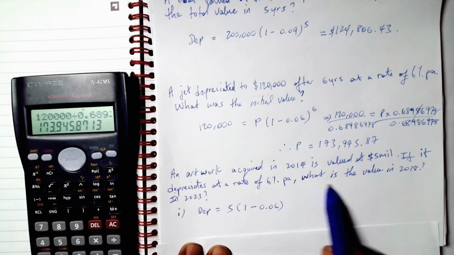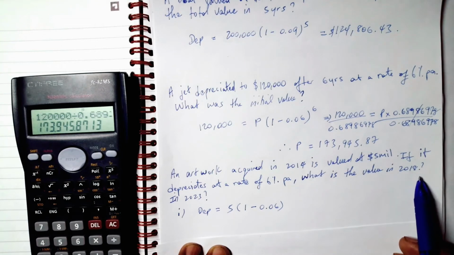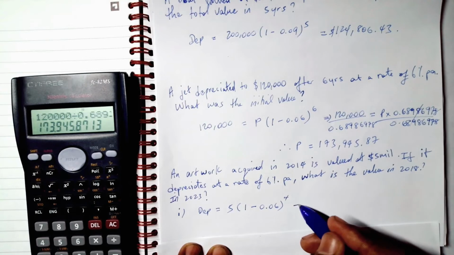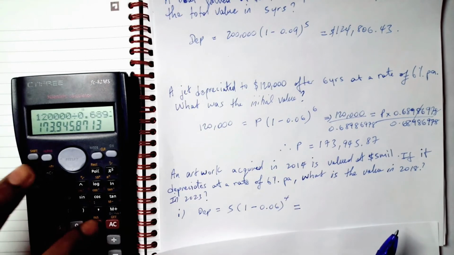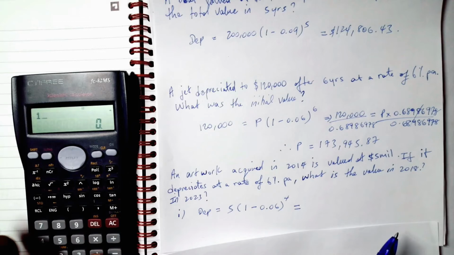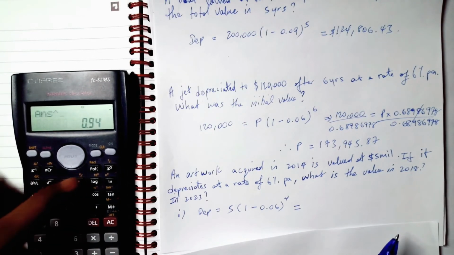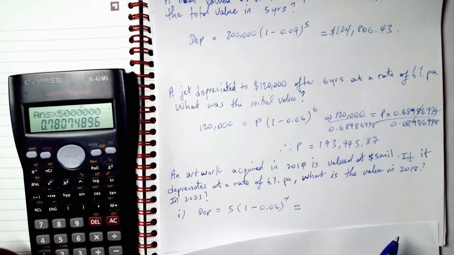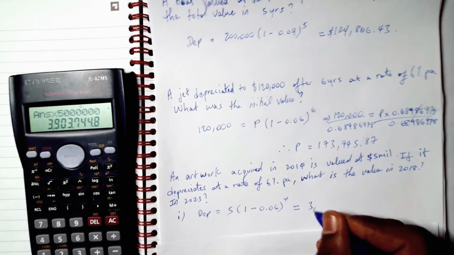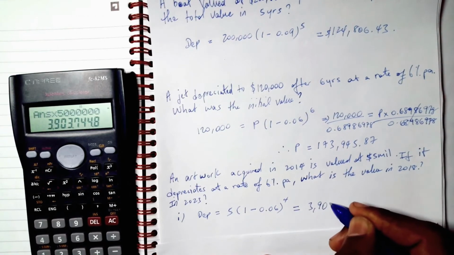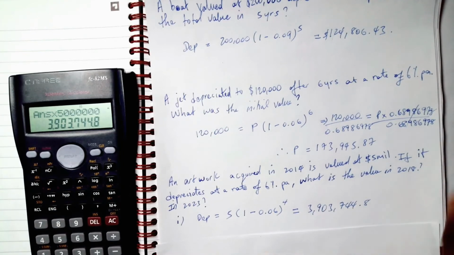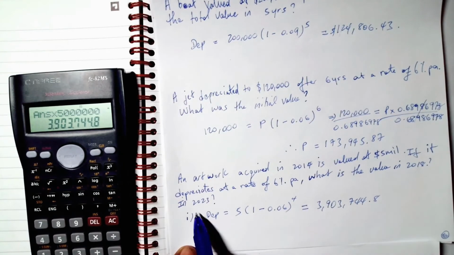We're finding the depreciated value in 2018 first. The time from 2014 to 2018 is 4 years. So it's going to be 1 minus 0.06 raised to the power of 4 times 5 million, which is 3,903,744.8.